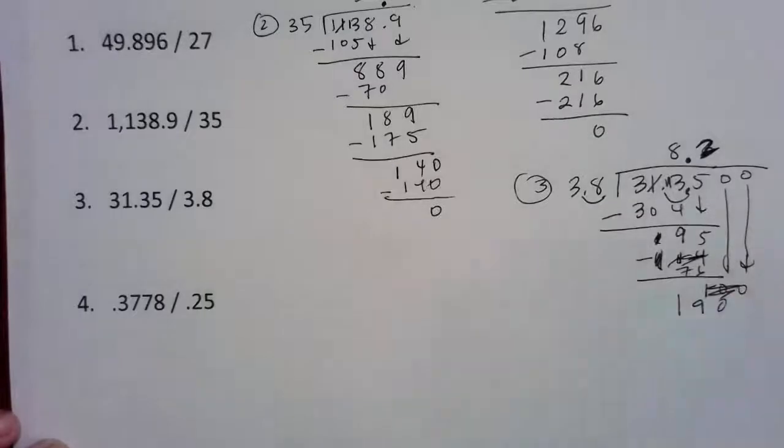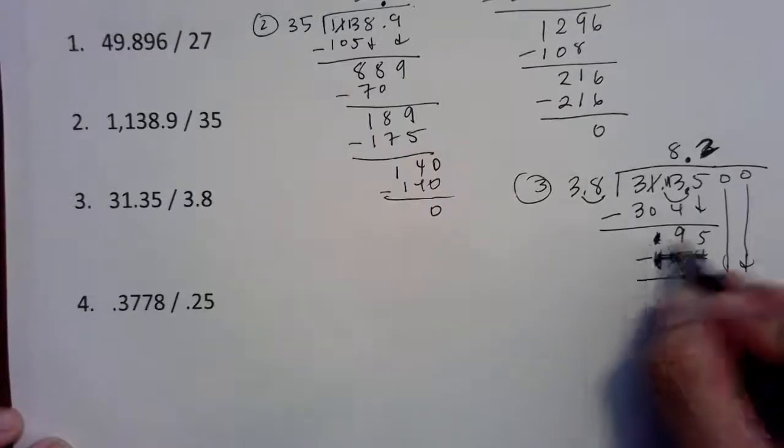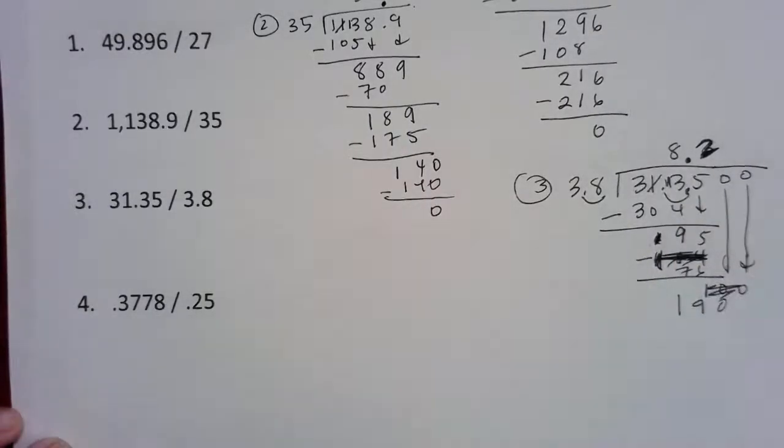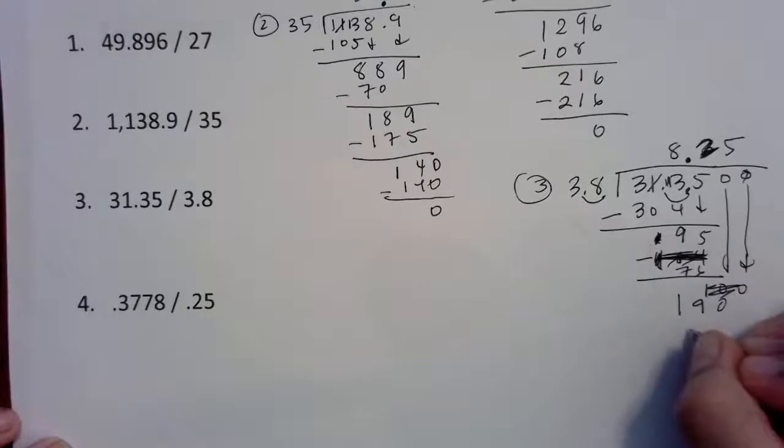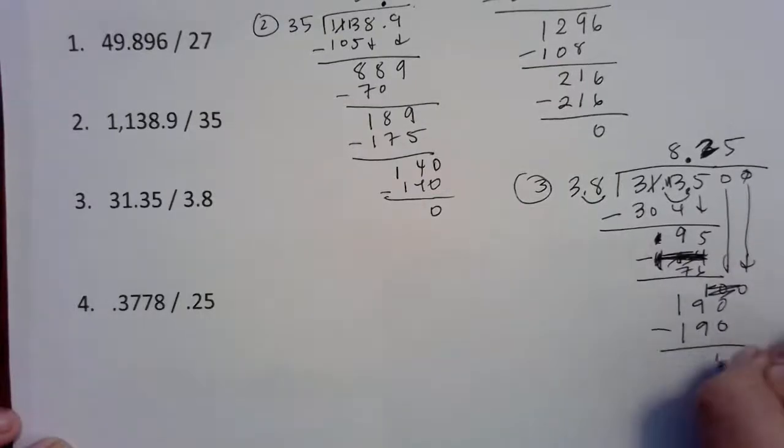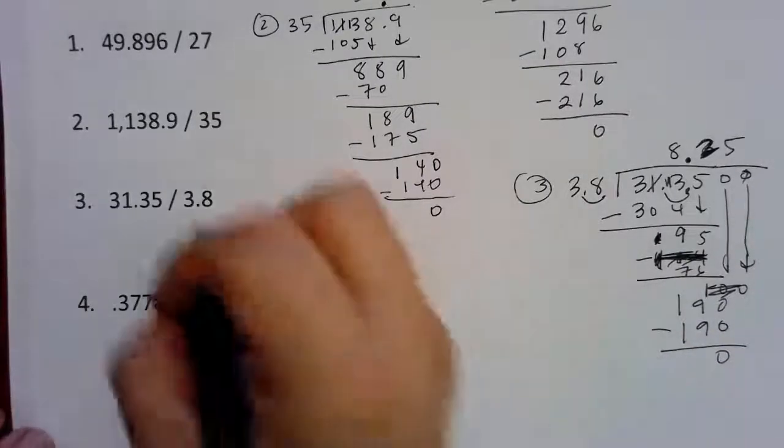Then you bring down the 0. So how many times does 38 go into 190 now? Again, sorry. I subtracted wrong up here earlier. So if you saw it earlier, you're not wrong. I was the wrong one. So how many times does 38 go into 190? 5 exactly. Okay, so 5, that's 190, and that is it. So it's 8.25.